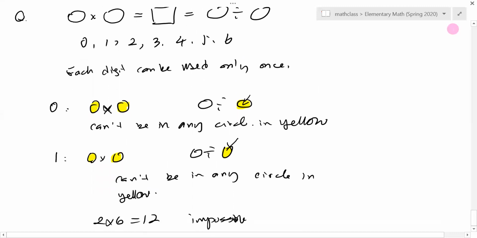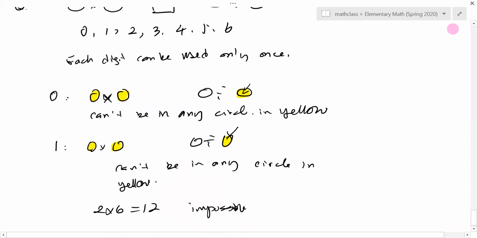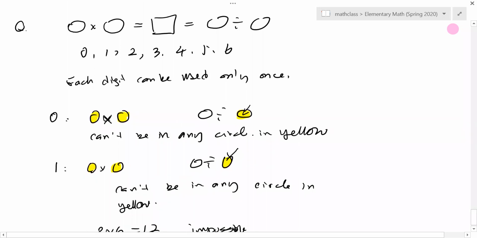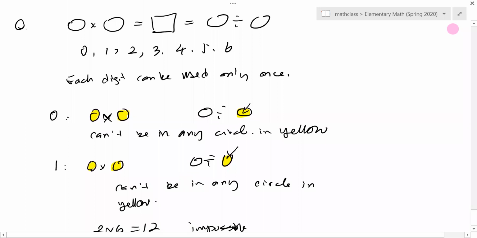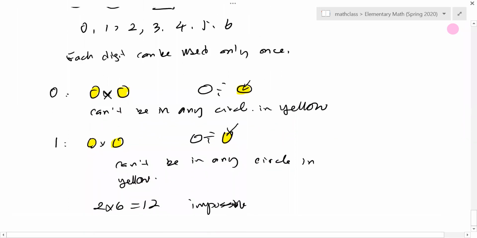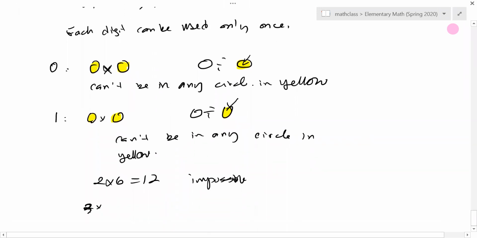After you try several times, you end up with 3 times 4 equals 12, and then 60 divided by 5. So it uses all the digits. The solution is 3 times 4 equals 12, and 60 divided by 5. So you have to think about it and exclude some cases.